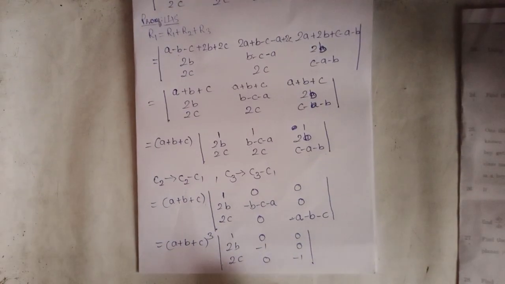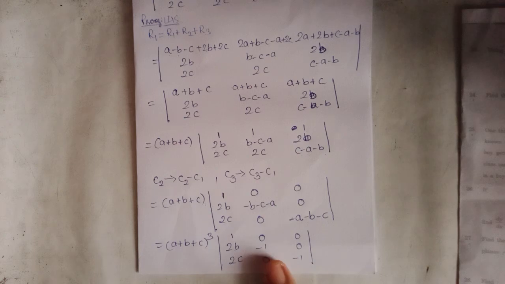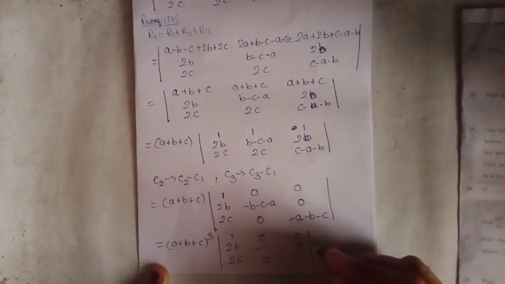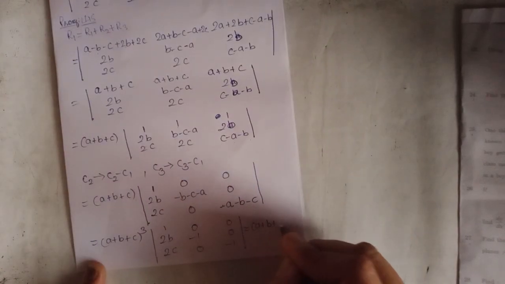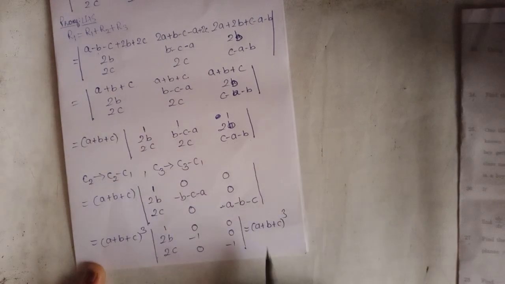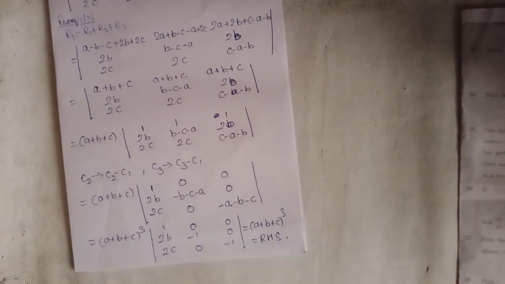Then the determinant of this will be 1 into minus 1 into minus 1 minus 0. Minus 1 into minus 1 is 1, so the determinant of this term will be only 1. So a plus b plus c the whole cube into 1. So this is our RHS, right hand side.